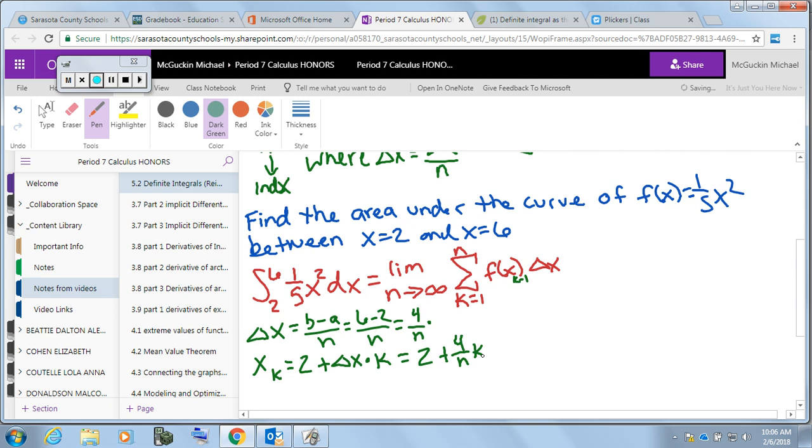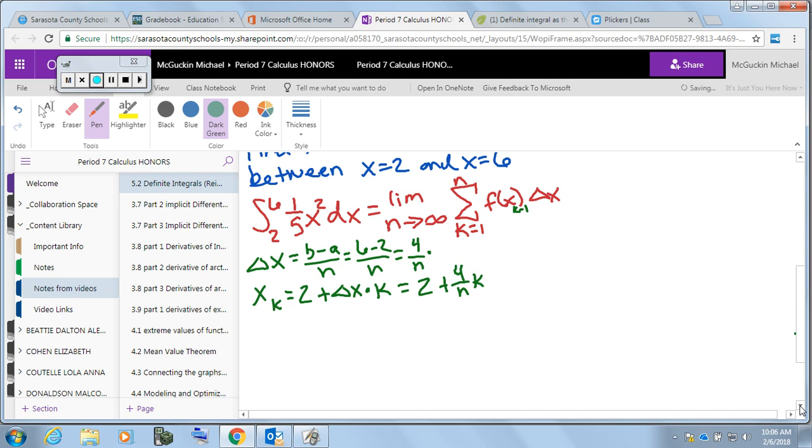Well, think about what's happening. X sub k itself is going to give you the x value that you are looking for. But in order to find the actual area of each of these partitions, you need to find the area of the rectangles. In order to find the area of the rectangles, you need your base and your height. So the height is going to be represented when I find f of x sub k.